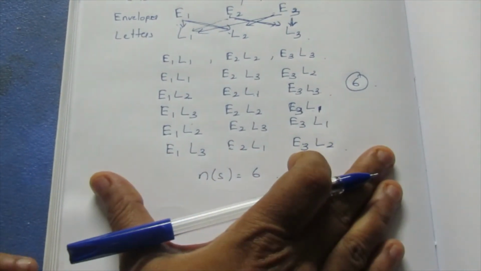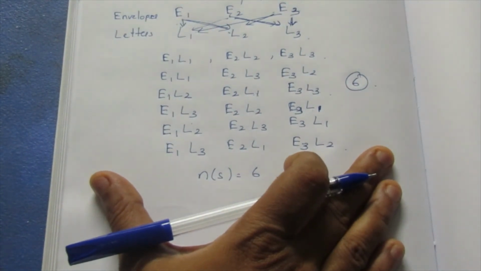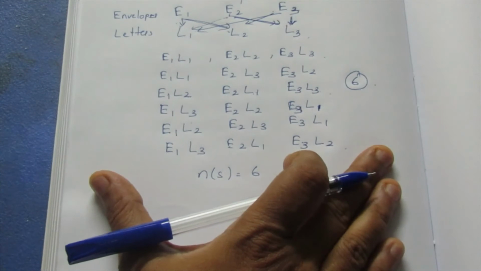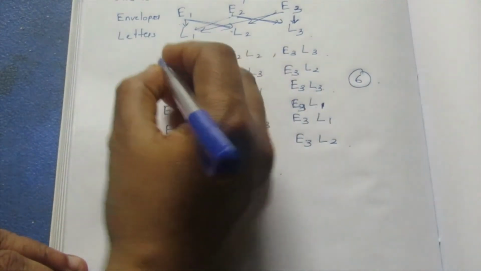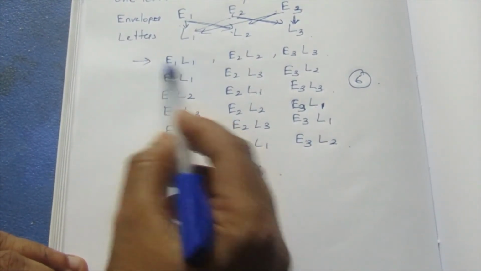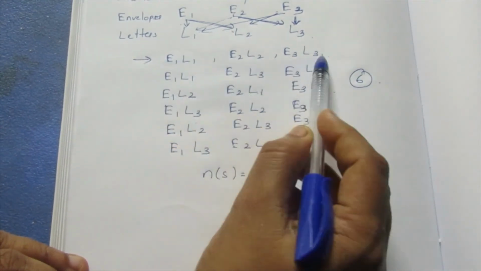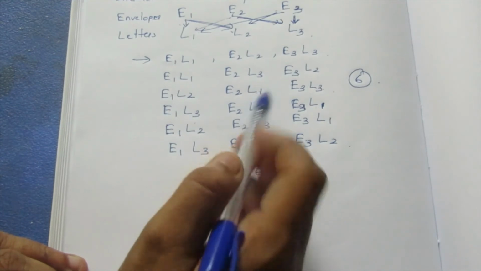Here they have asked for at least one letter in the proper envelope. That means E1 should have L1, or it can have more, E2 with L2, E3 with L3 being the proper envelope. At least one means one or more than one can be correct.